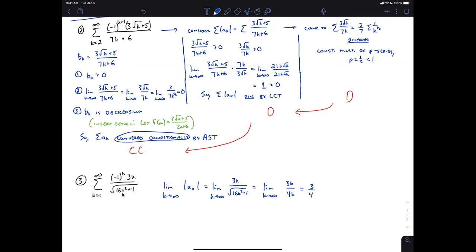So we get a limit of 3/4. And on the K-term test, what that means is you're doing 3/4 plus 3/4 plus 3/4 forever. That means it goes to infinity.